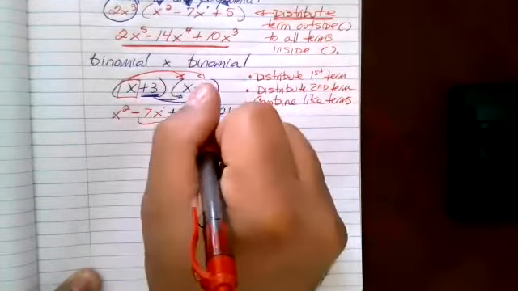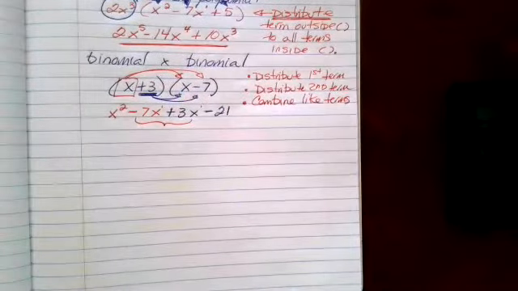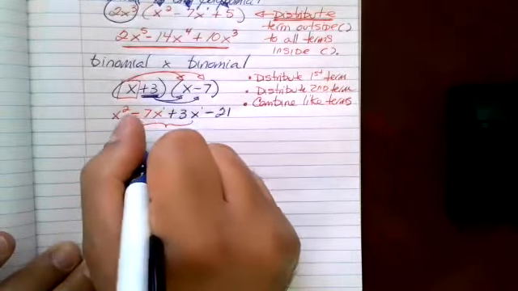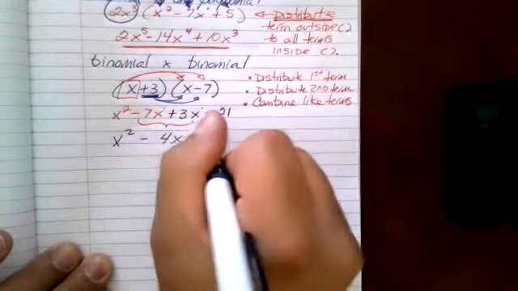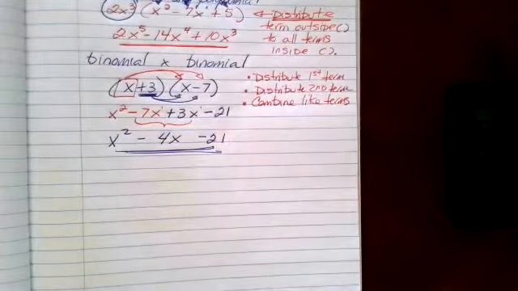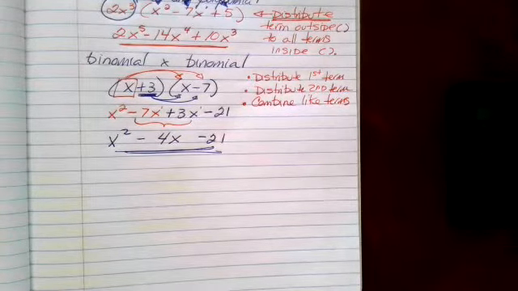They're both x to the first degree. So I'll have x squared minus 4x minus 21. And that's how you multiply a binomial to a binomial.